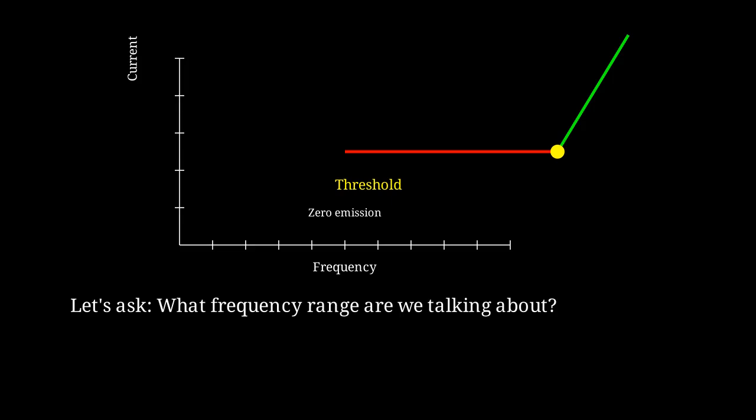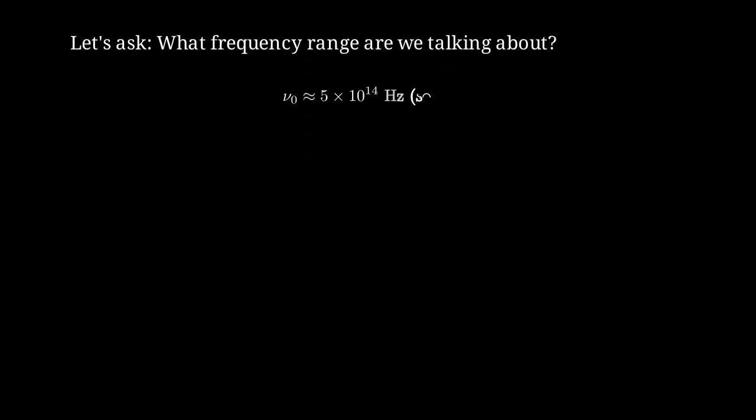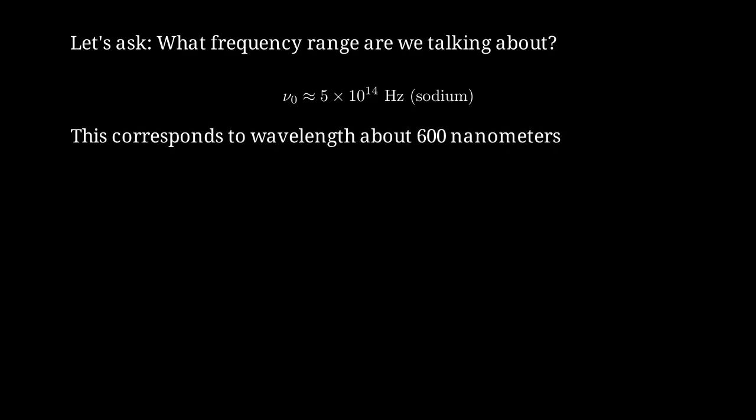That's in the visible to ultraviolet range. Using c equals lambda nu, this corresponds to a wavelength of about 600 nanometers, which is orange-red light. Lambda 0 equals c over nu-zero, approximately 600 nanometers.